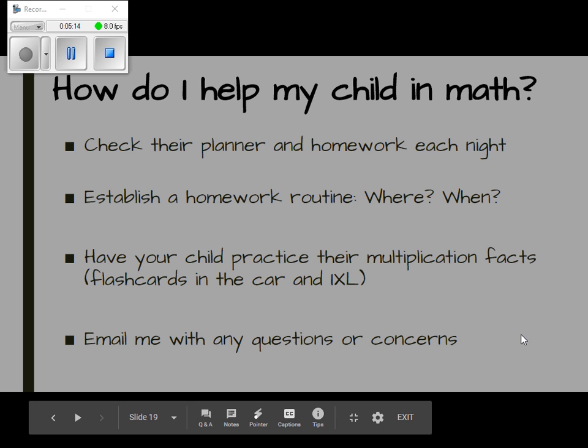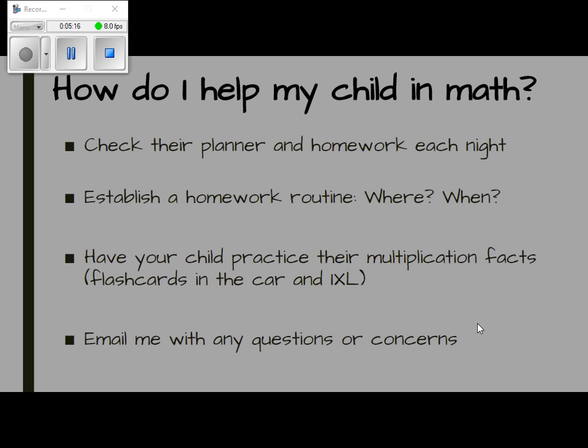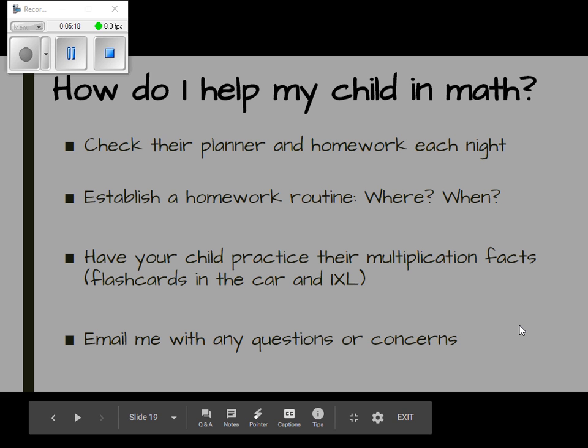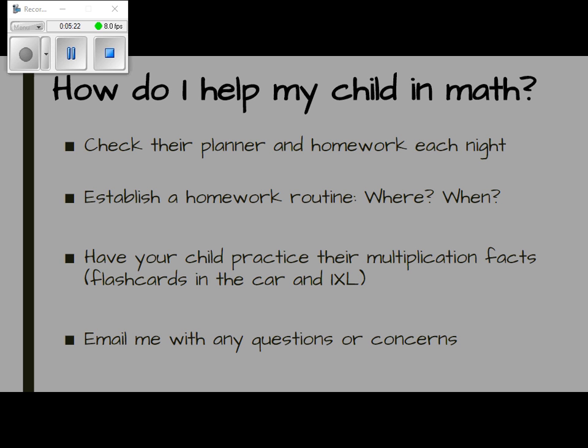How can you help your child in math? Check that planner every night. That'll let you know what they worked on. Even if there's no homework, I still have them write the topic that we covered and what the homework was that they finished in class. So you should be seeing that come home in the planner. If there ever is something to finish up, helping with a homework routine. You can always have your child practice multiplication facts.